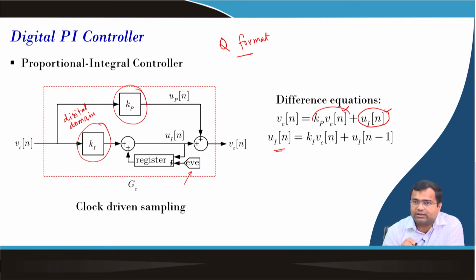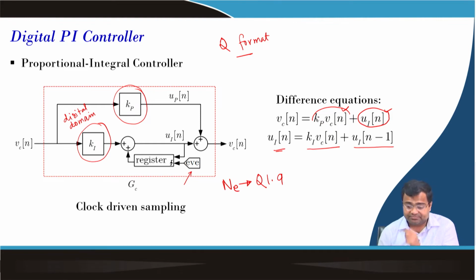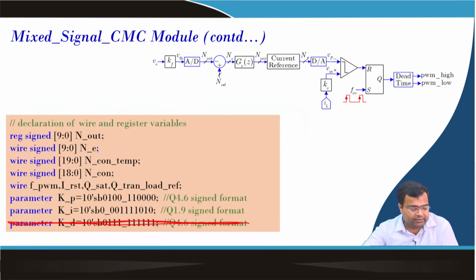The integral control has two parts, the history term plus the instantaneous gain factor. Okay. So, that means we need to talk about Q format, and the error signal is Q1.9, which we call NE, because it is a digital number. Okay. And Kp, if we go back to the previous thing, we are taking Kp as 4.6 format, Ki 1.9.